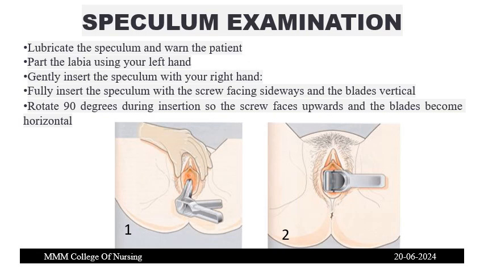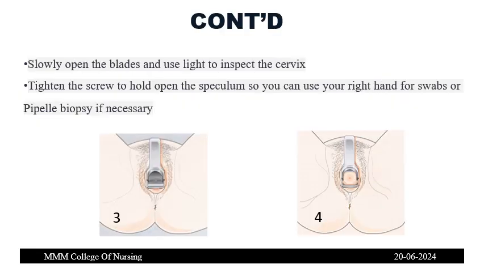Inserting the speculum with the screw facing sideways and the blades vertical is given in step 2. The screws are facing sideways and the blades are in the vertical direction in picture number 2. If you see in picture 3, the screws are sideways and the blades are horizontal.